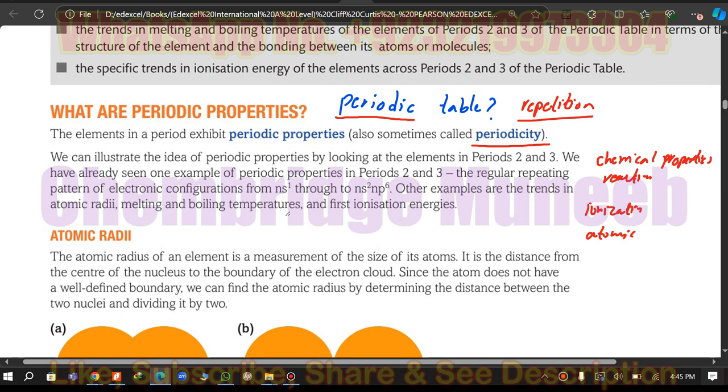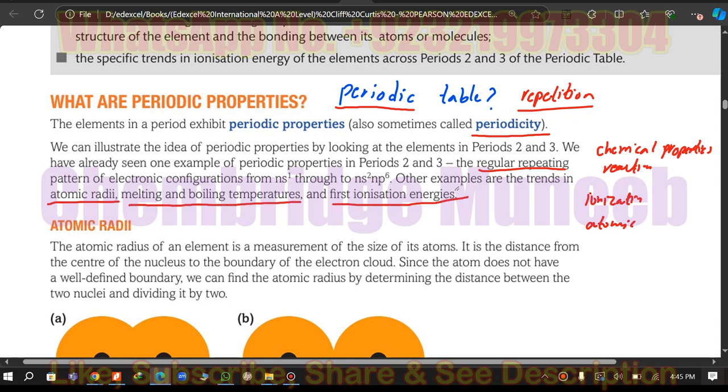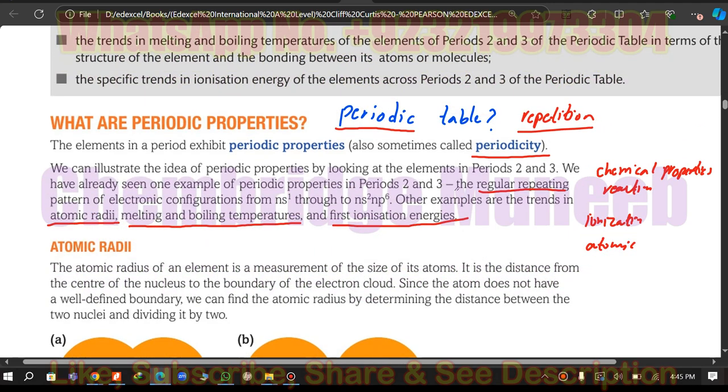So we have to study here the regular repeating properties of the elements in the periodic table, and we will go through the atomic radii, melting and boiling point temperatures, first ionization energies, etc. Okay, now starting from the atomic radii. What is atomic radii?